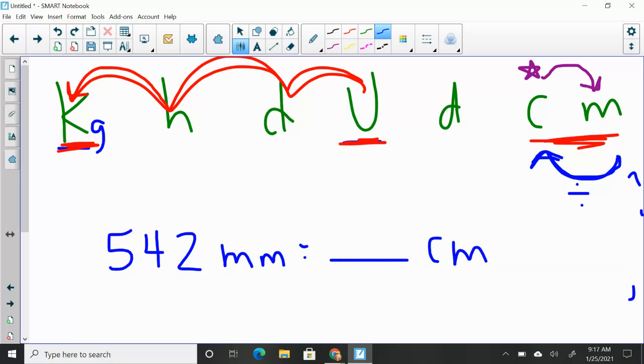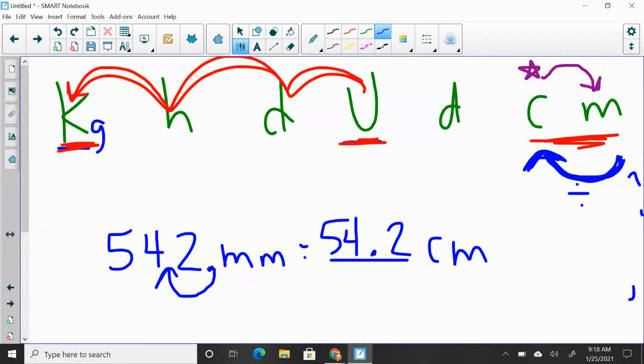That's going to be how many centimeters? So 542 millimeters, if I'm going from here back to centimeters, I'm dividing by 10, or my decimal point is simply going from here and it's going back 1 spot. And so that would equal 54 and 2/10 centimeters.